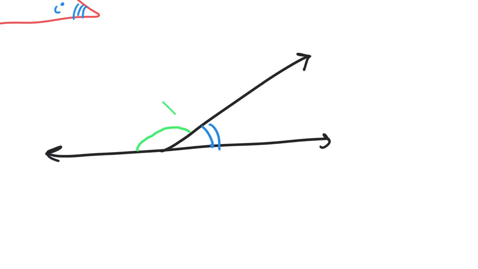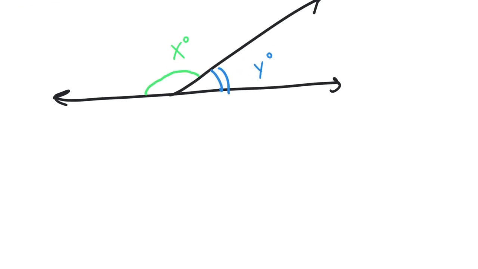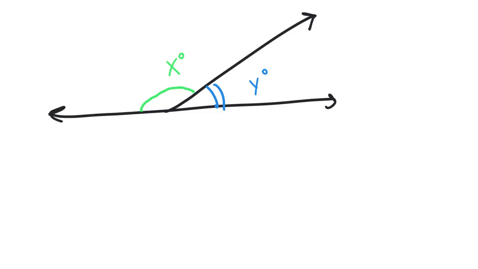Let's call the green angle x degrees, and let's call the blue angle y degrees. Now, this is a very famous geometric pattern that eventually you become very familiar with, and it's called a linear pair.